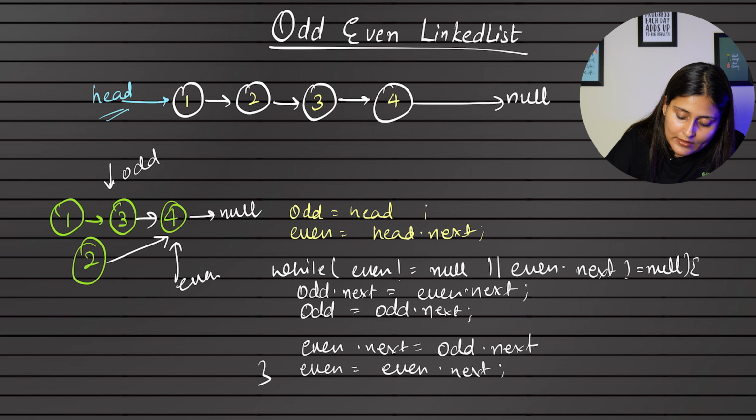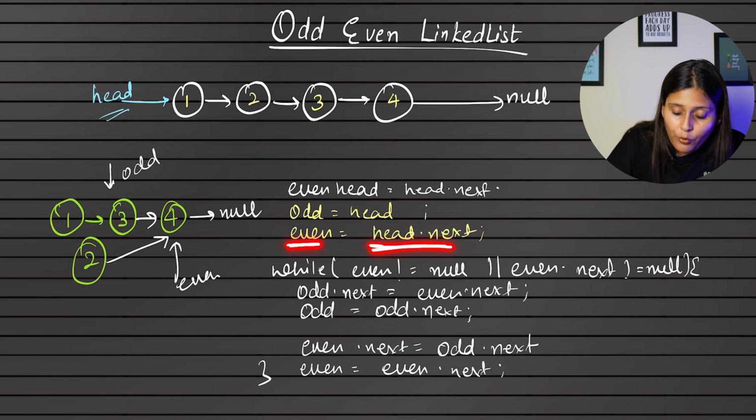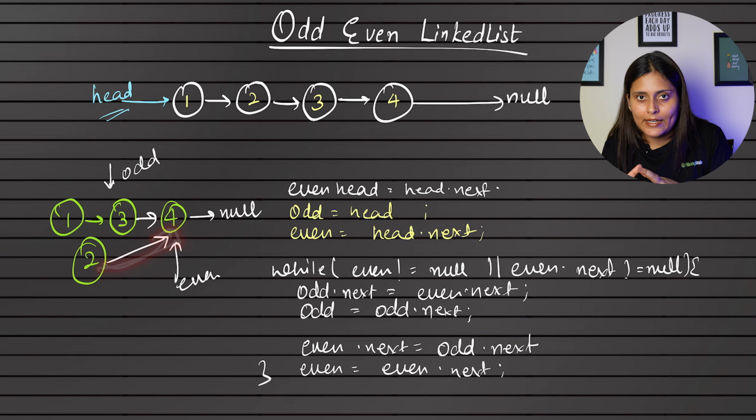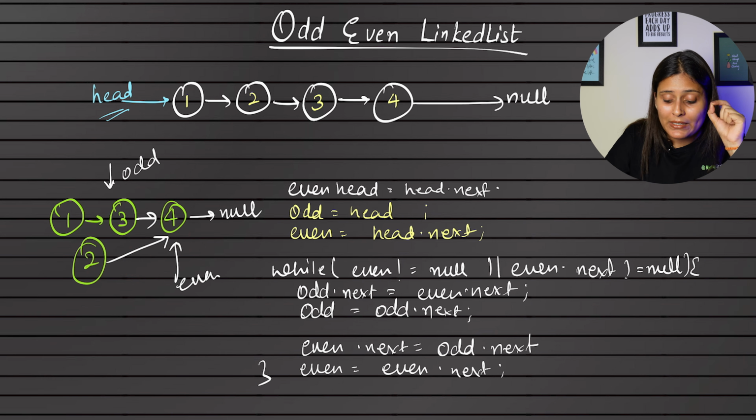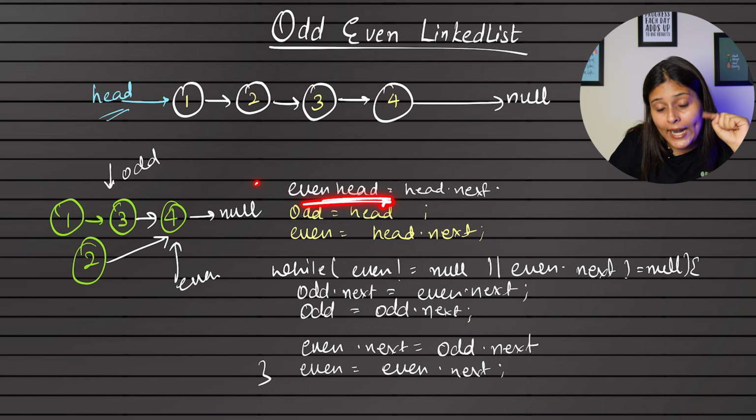Okay. So let's say even head is equal to head dot next. So this even pointer, you will move to disconnect and reconnect back with the even nodes. But this even head, you will keep a track of so that at the end of the odd node, you can connect that head of the even.